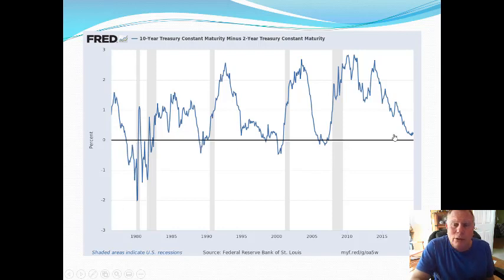Now, why am I showing you this slide? Well, if you look at where these grays are here, every time there's a gray, that's when the country's been in a recession. So a lot of market statisticians, market opinion makers are looking at this and saying, wait a minute, every time it's gotten this low, it has preceded a recession.